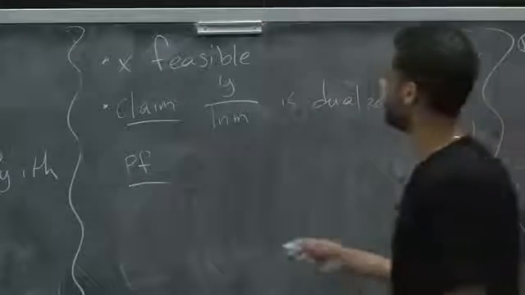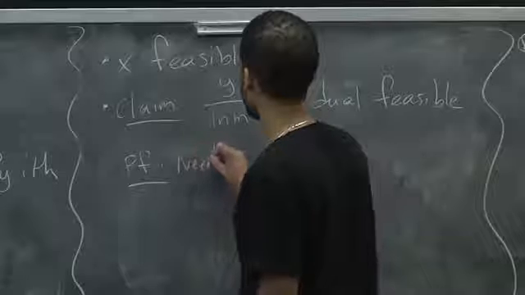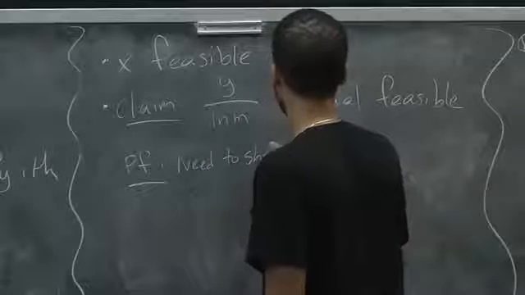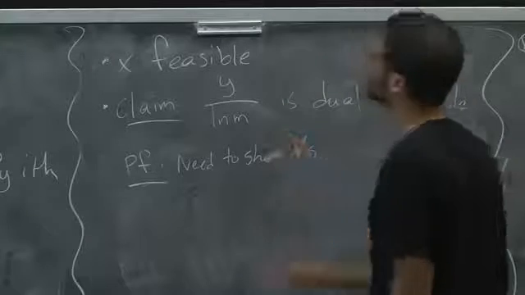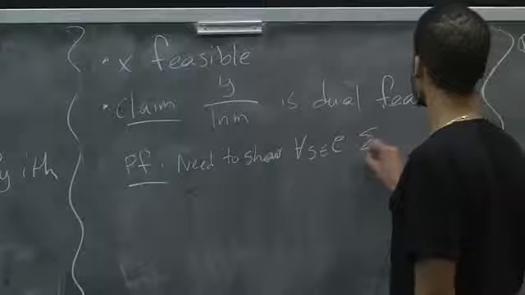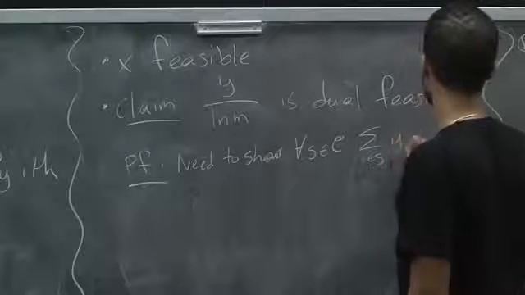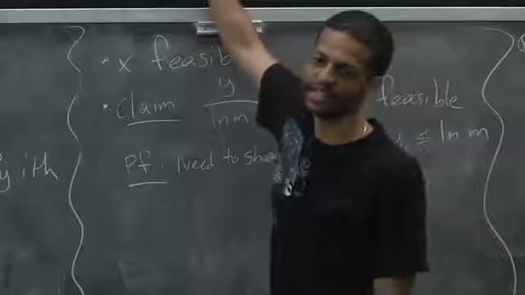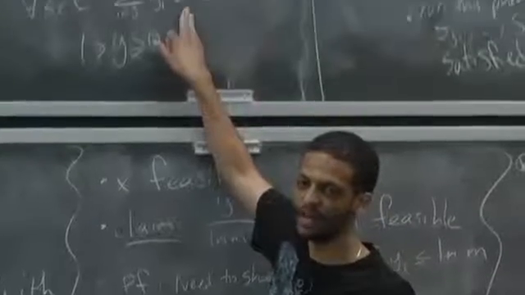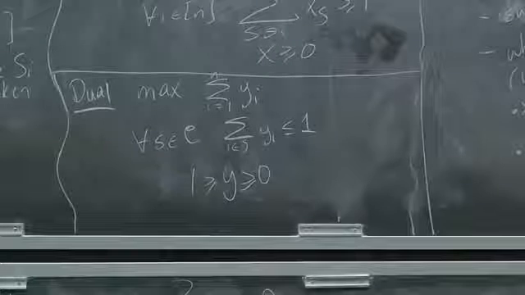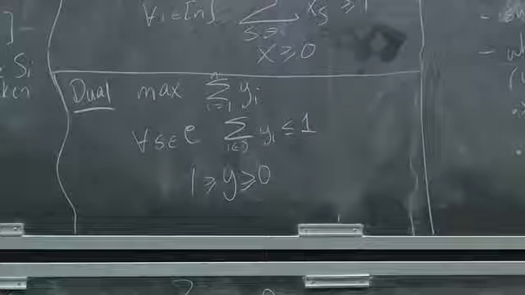We need to show that for all S in the collection, the sum over i in S of yi is at most ln m. I mean, we need to show that this constraint is only violated by a ln m factor. Right? Then that would give it to us.